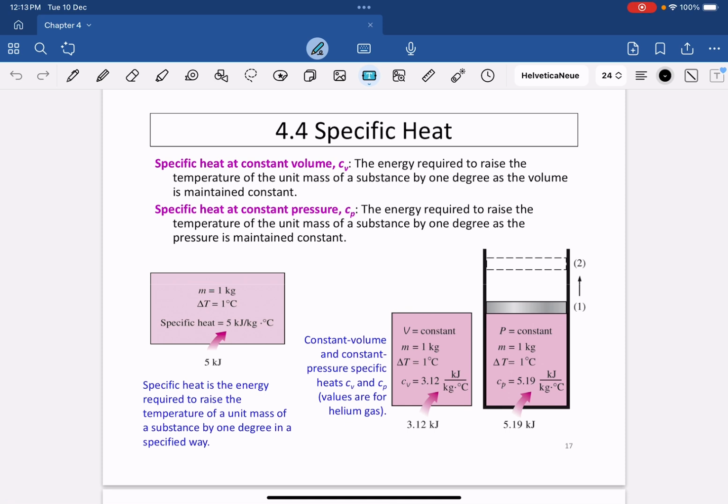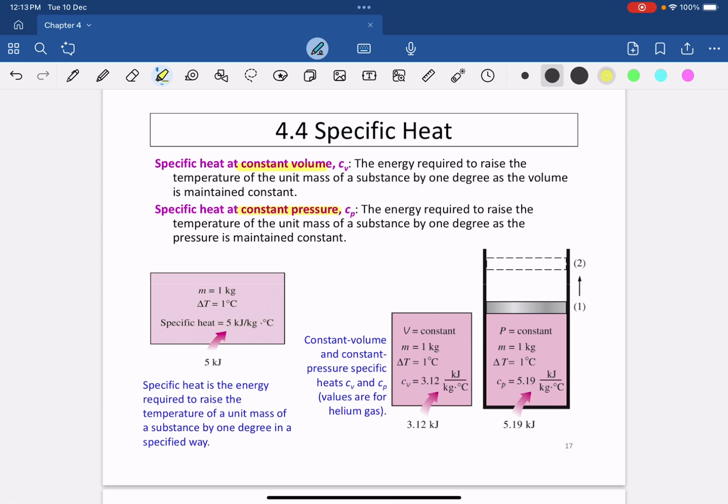For a thermodynamic system, we are always interested in two kinds of system: constant volume and constant pressure. Therefore, the specific heat also has these two types, depending on the type of system.